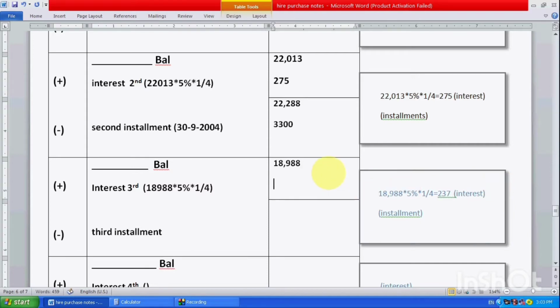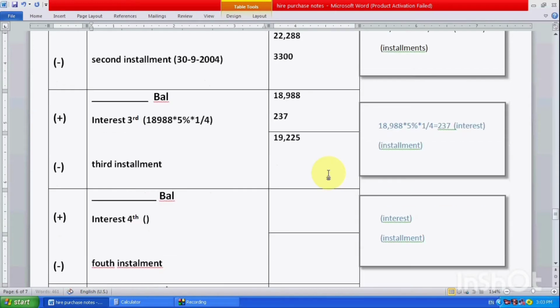Add 237 with 18,988, so we will get 19,225. Now pay the third installment, 3,300. Deduct these 3,300 from 19,225, so the balance is 15,925.